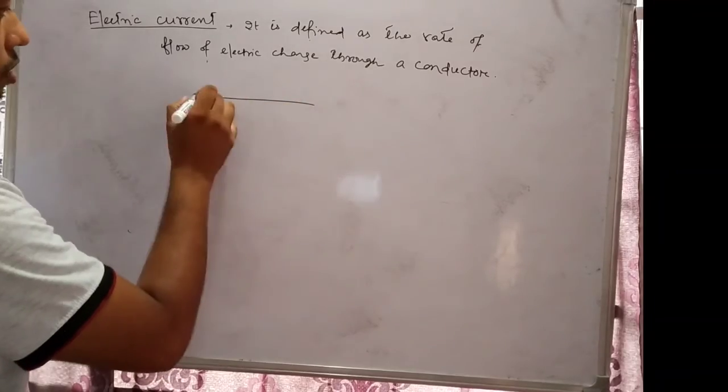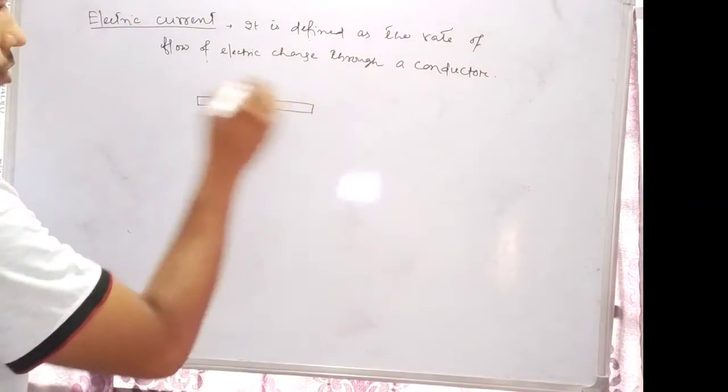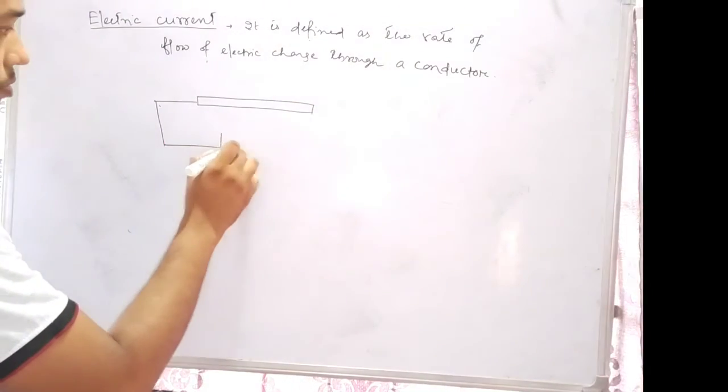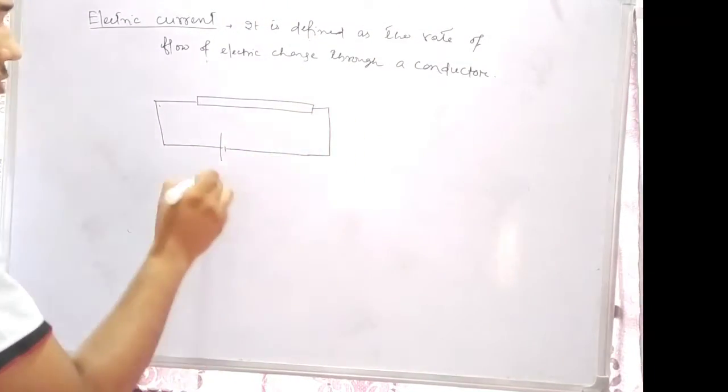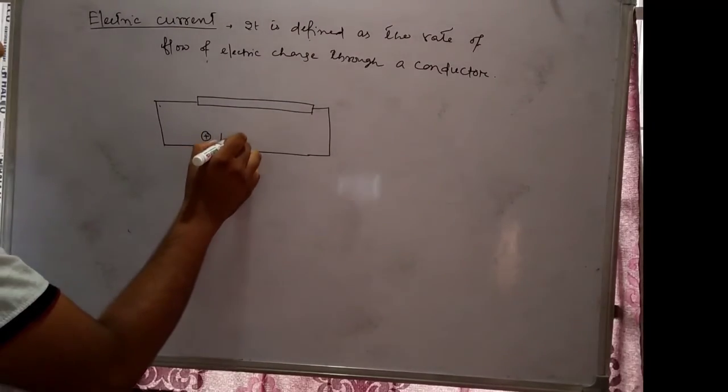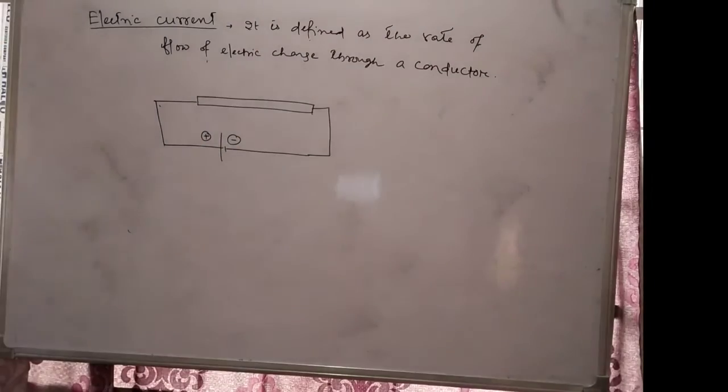Suppose we consider a conductor here, and we connect it to a battery. The longer side of the battery is considered as a positive terminal, and the shorter side is considered as a negative terminal.